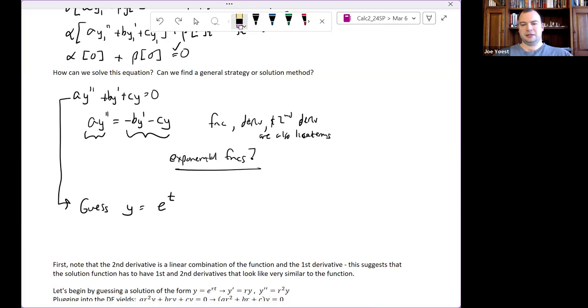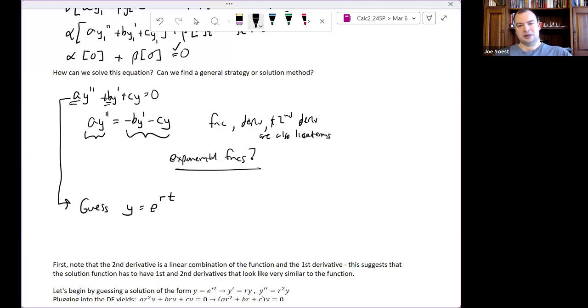But if I put a constant in the exponent, this gives me kind of just enough complexity. Not so much additional complexity like y equals e to the t squared or something, where the derivatives aren't like terms. The derivatives are still going to be like terms, but I have a parameter that I can now tune.